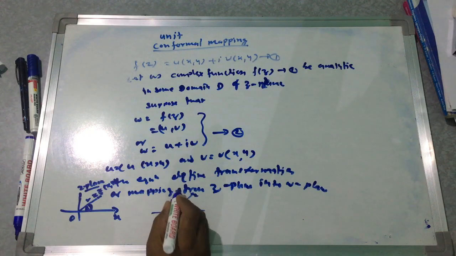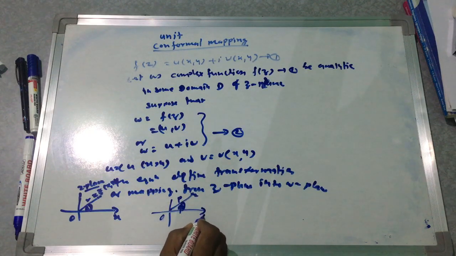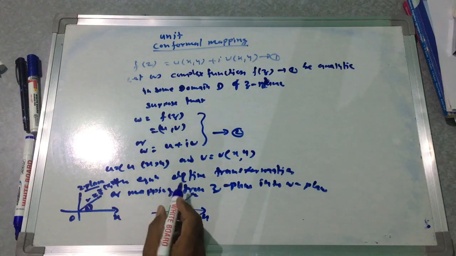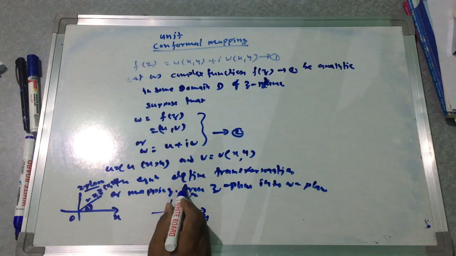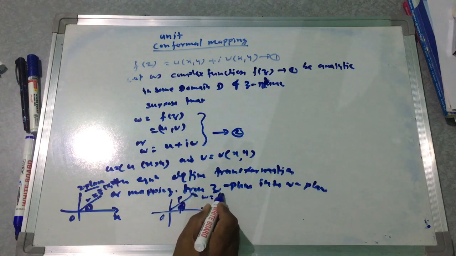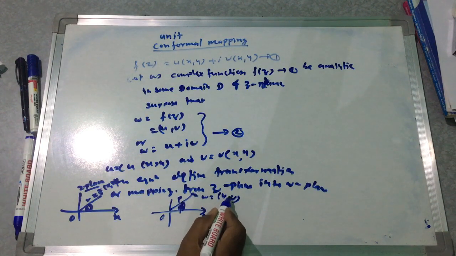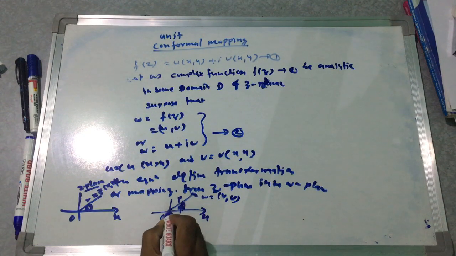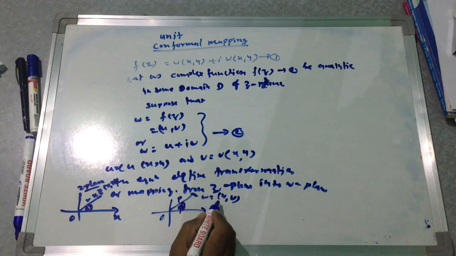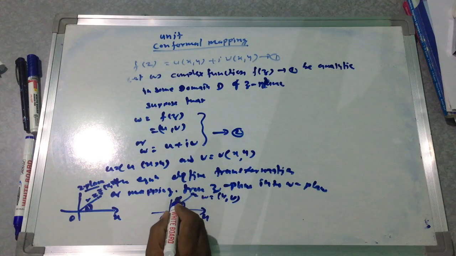Yes, this is the w plane, this is u. So in these two figures, this is the z plane, this is the w plane. In the w plane we have w is equal to u v, and from the origin we have joined this point, that is w. This is the radius up to this point, this is the angle.